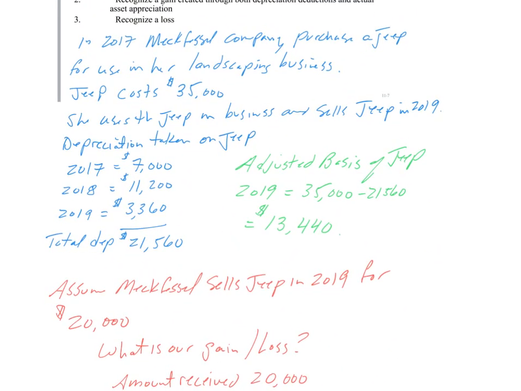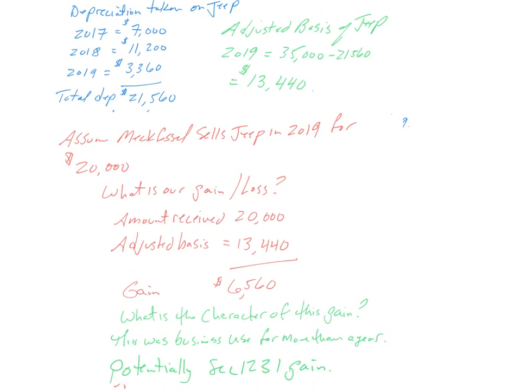All right, our Jeep originally cost $35,000 and we sold it later for $20,000. All right? So we sold it for less than we bought it for. If we had not depreciated that asset, we would have sold that asset at a loss.